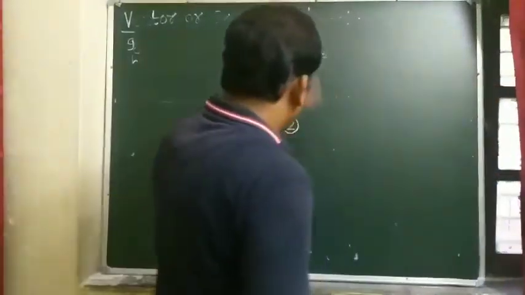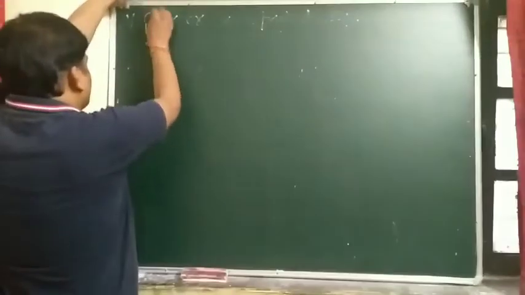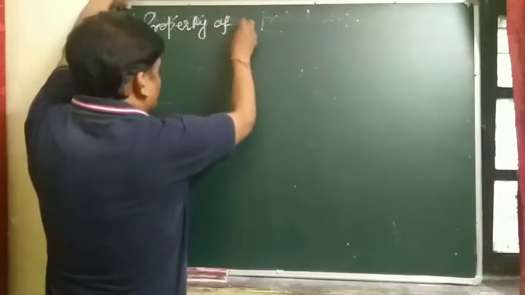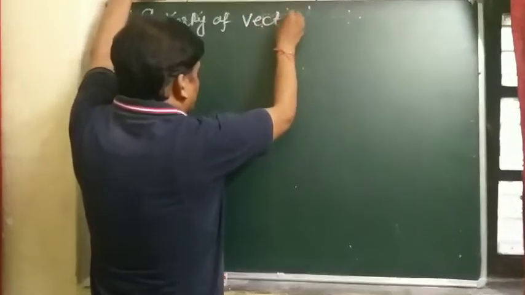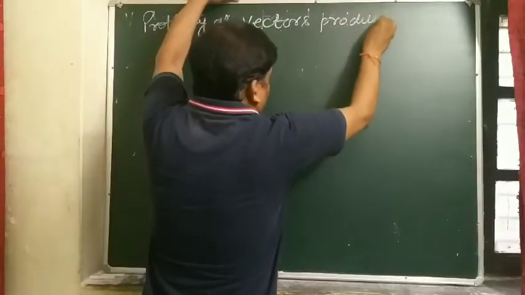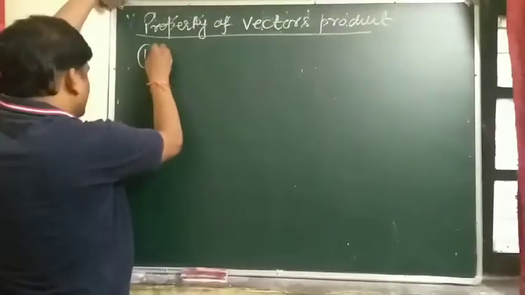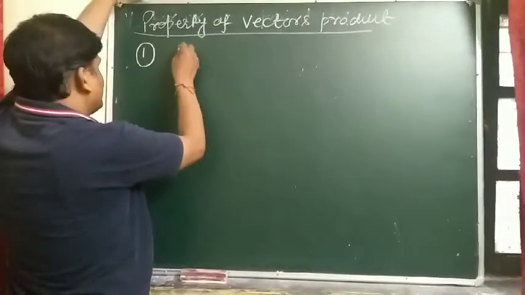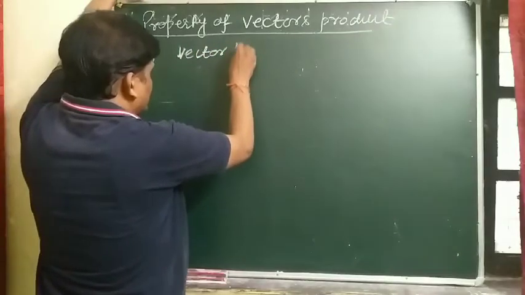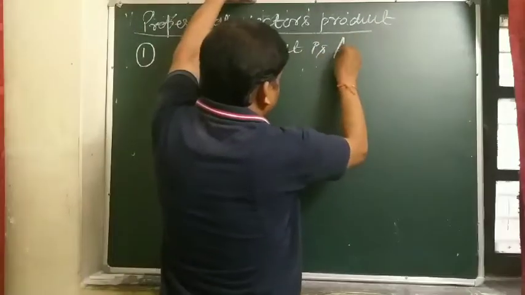Now, the properties of the vector product of two vectors. First property: the vector product is anti-commutative.